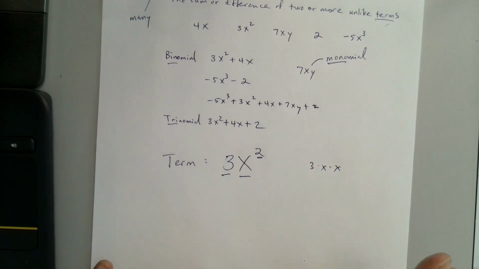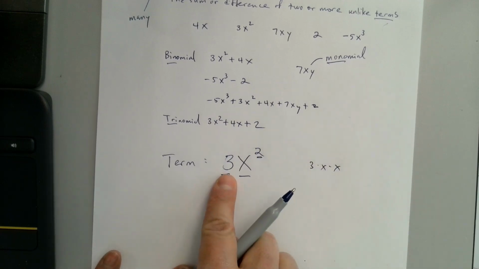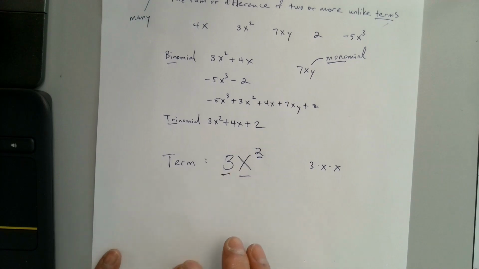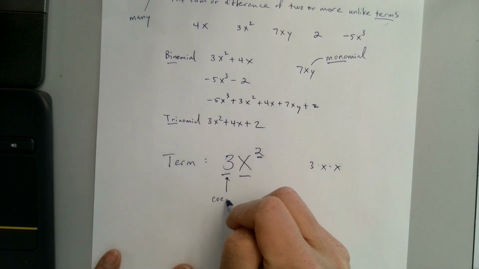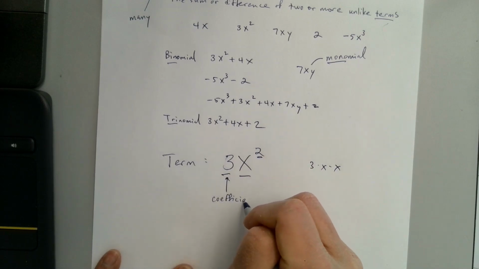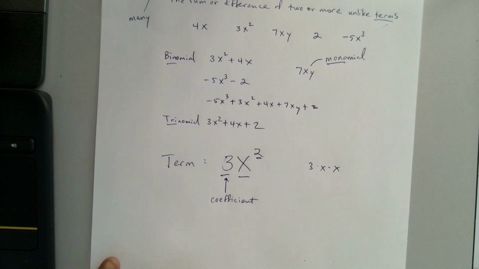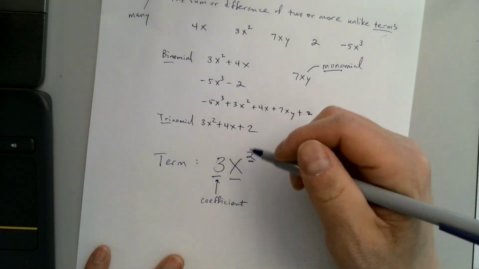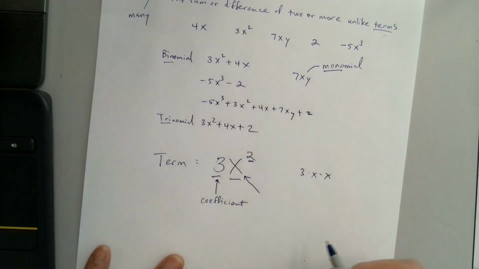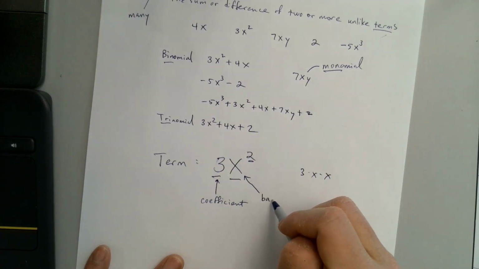And all of these have special names. So the 3 in this term has a name that you heard us use before, and that is coefficient. So you're familiar with that. The variable in this term, x, is in the position of base.